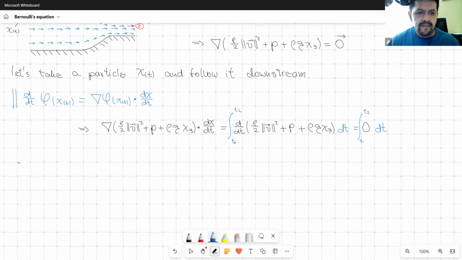But on the left-hand side, what we have is basically rho over 2, the norm of velocity squared plus pressure plus density gravity x3. And all of that evaluated between t1 and t2 is equal to 0. Okay? Finally, that means that the terms that depend on time, which are in principle velocity, pressure, and the position x3, must be evaluated on those positions.